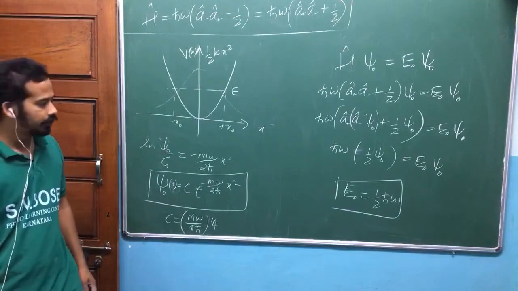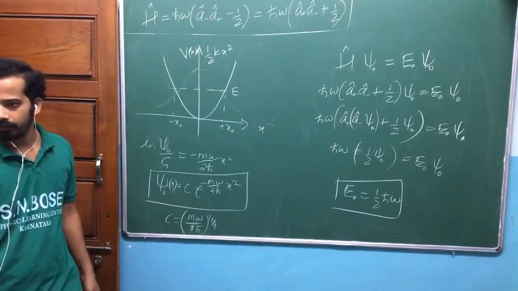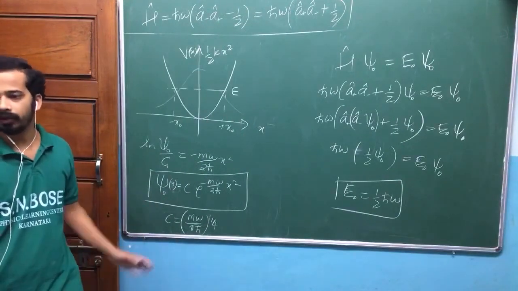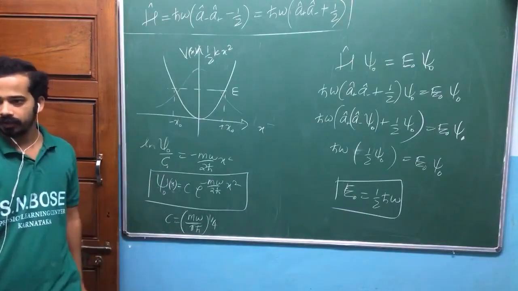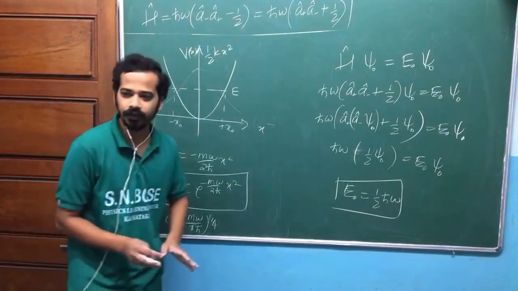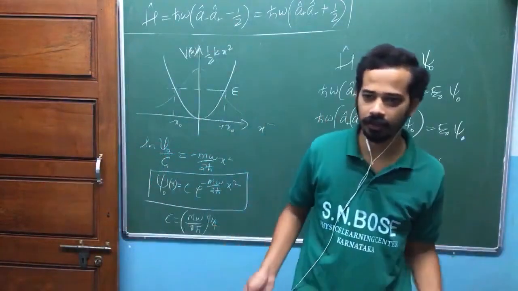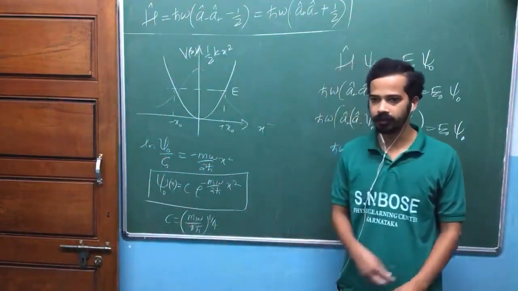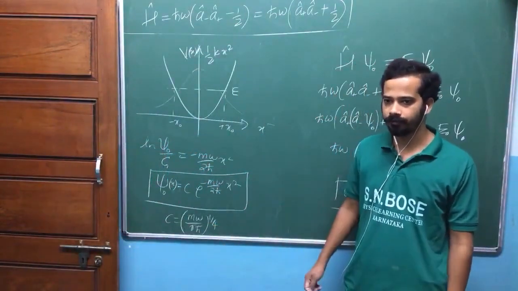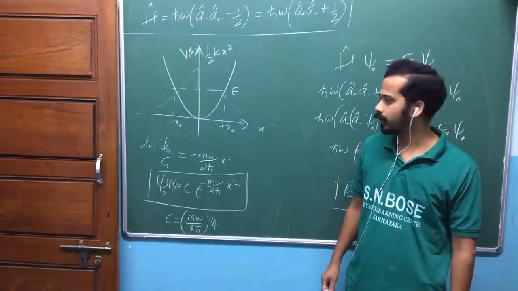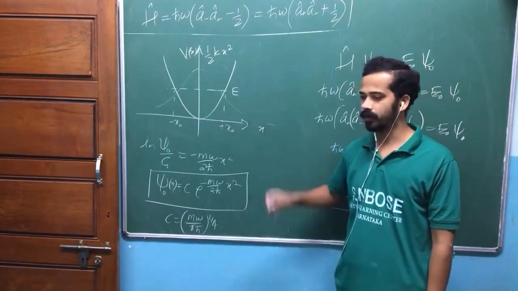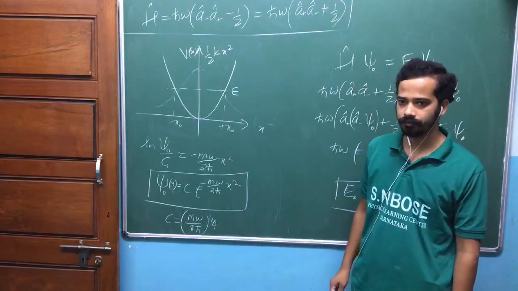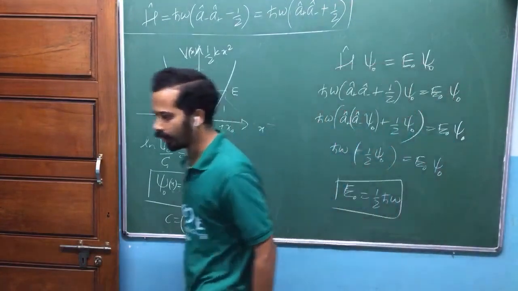But in the particle in a box, the potential was infinity outside. Our physical restriction itself is that the particle is trapped, it cannot go outside. That means the wave function should be 0 outside. But this is quite a different story. We can't say quantum mechanically that the particle cannot go outside the classically allowed region. It can go actually.